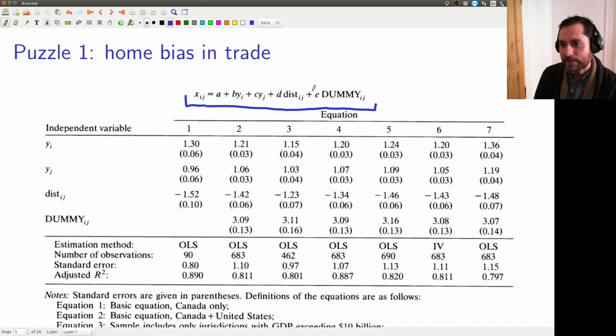And then finally, a dummy, which is 1 if i and j are in the same country. So we expect that this e term is going to be negative, and that's going to be our measure of how large the cost of moving between countries is in terms of trade.